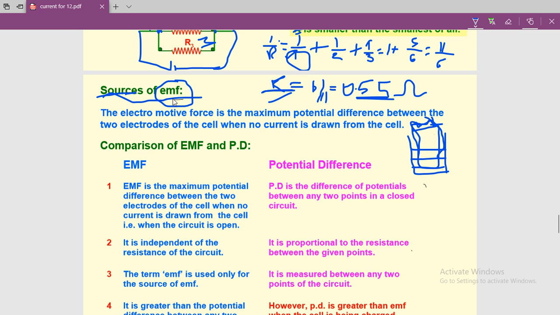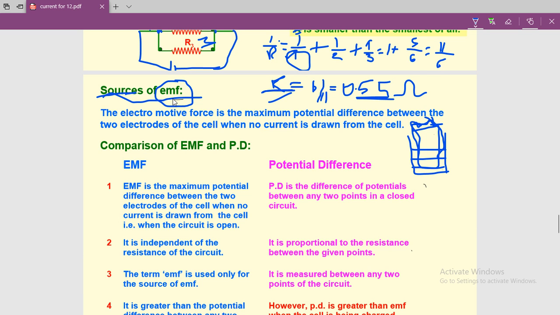So a chemical cell is a device which converts chemical energy into electrical energy. Let me repeat, a chemical cell is a device which converts chemical energy into electrical energy. Now that electrical energy can be used for different purposes. So that chemical cell is a source of the EMF.